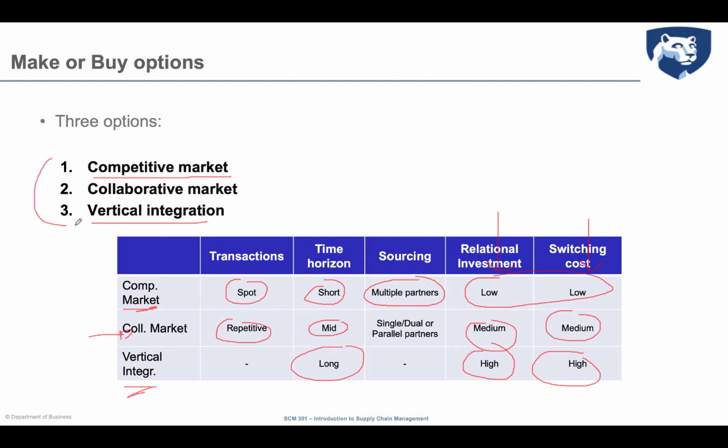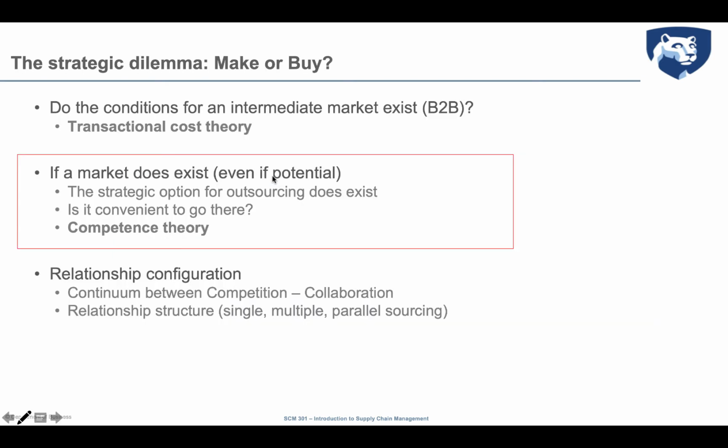So these are our three options. Now, how we get there is made through a decision process which has two levels. First, we need to understand the so-called market conditions. I can go to the market only if this market actually exists.